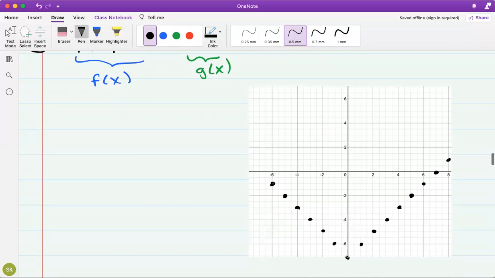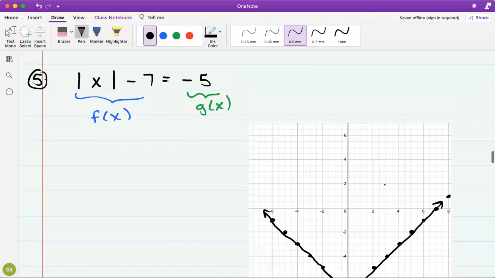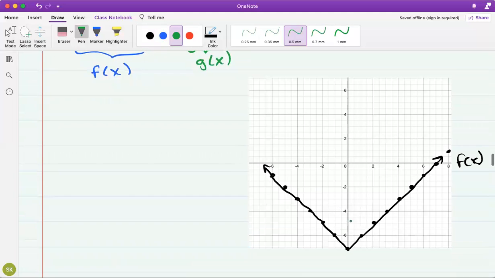Should be enough. Okay, here is f of x. And then let's draw g of x, which is -5. It goes through right here. Our 2 solutions, as you can see, are -2 and +2.